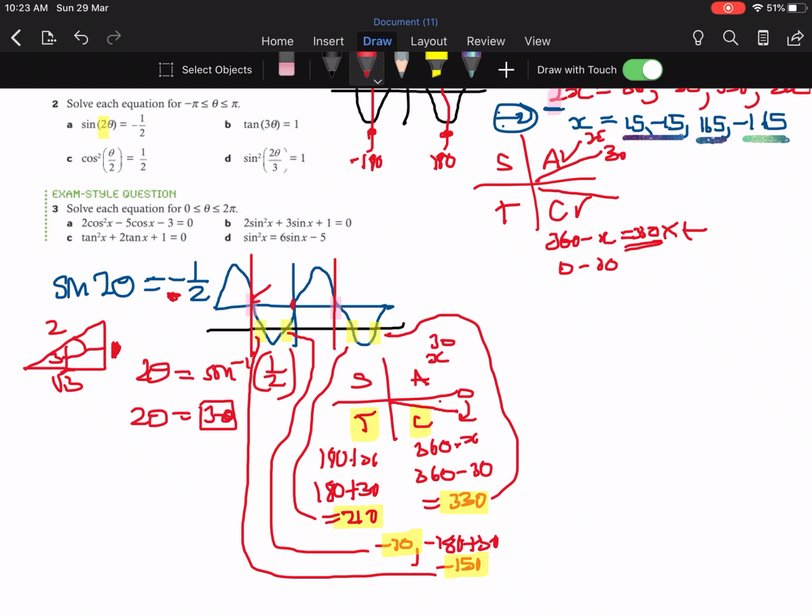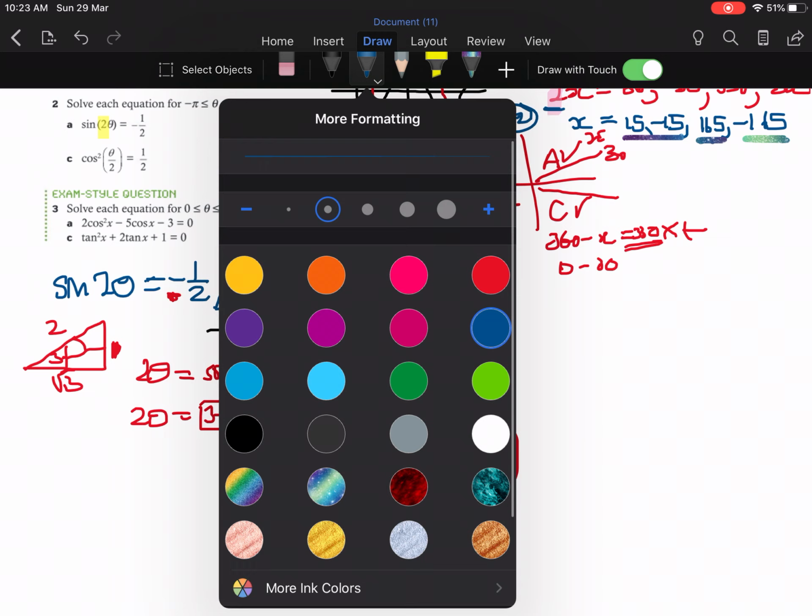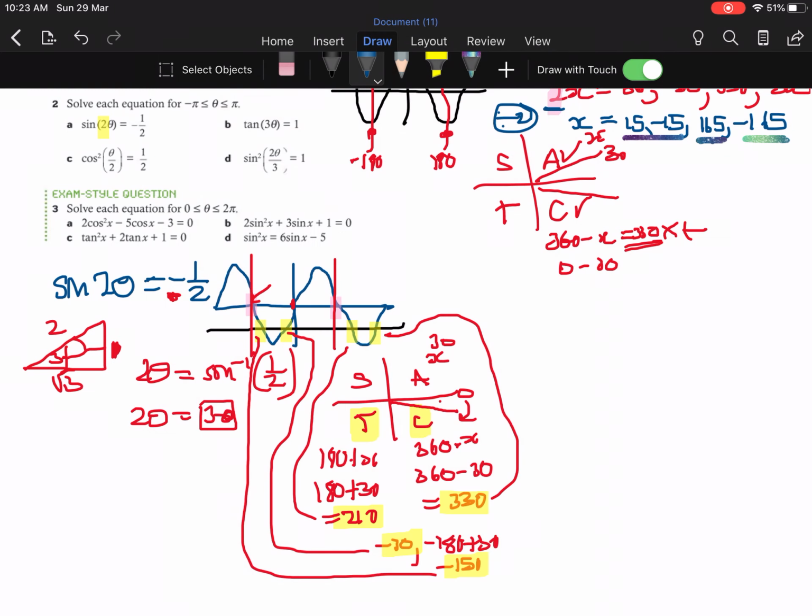Next thing, sum it all up. So what have I got? I've got 2 theta. Now I know I was using x, but it's actually theta, so that was my fault for defining the variable wrong. So 2 theta is equal to negative 30, negative 150, 210 and 330.